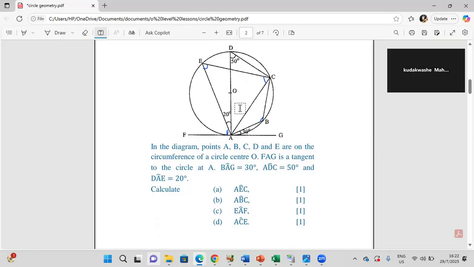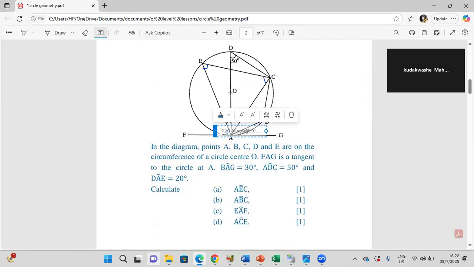Number two, the concept of the tangent. The tangent and the center form 90 degrees. I think we can start with this one, it's an easier one. So if we are given 20, this one is the center, the whole angle is 90.